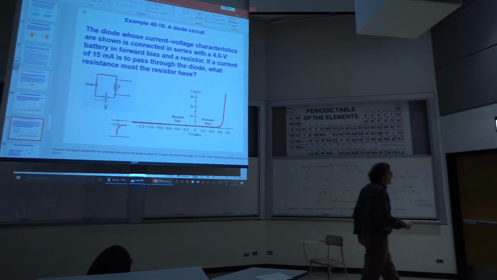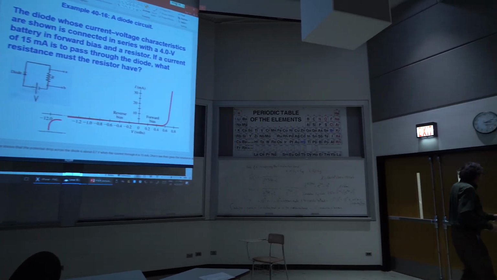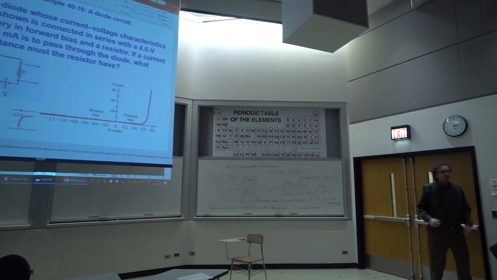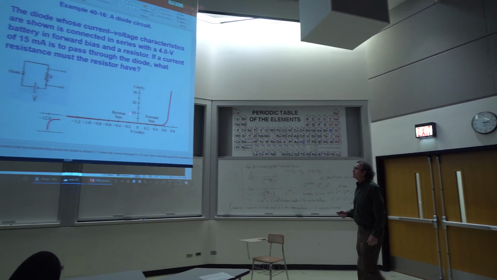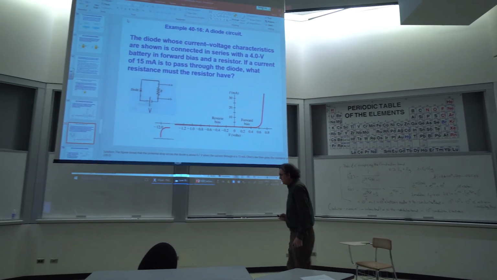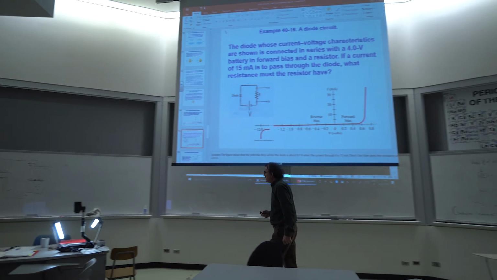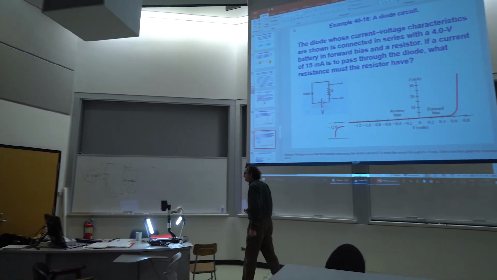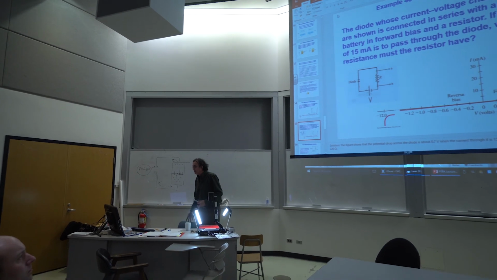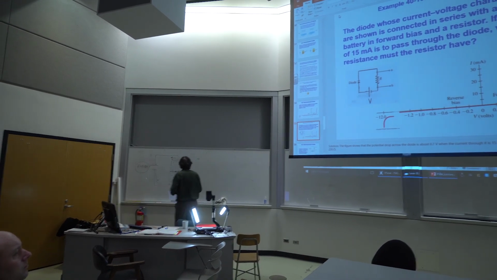So this is a simple V equals IR problem, only now we've modified it slightly because our voltage across the diode is held fixed on the positive cycle of the voltage at 0.7 volts.